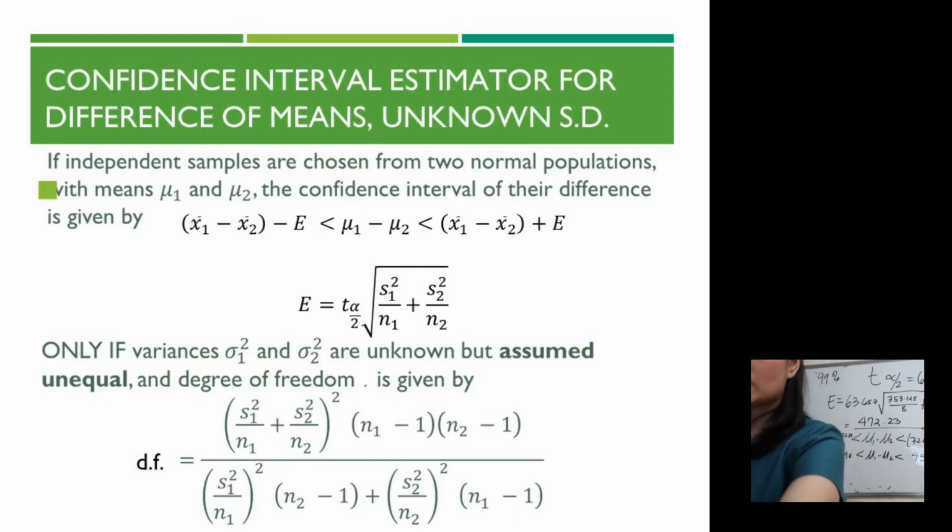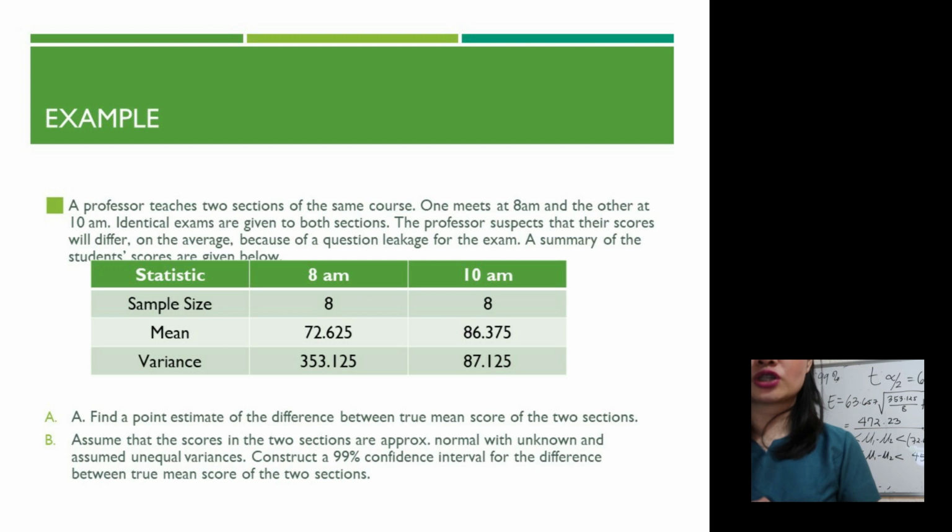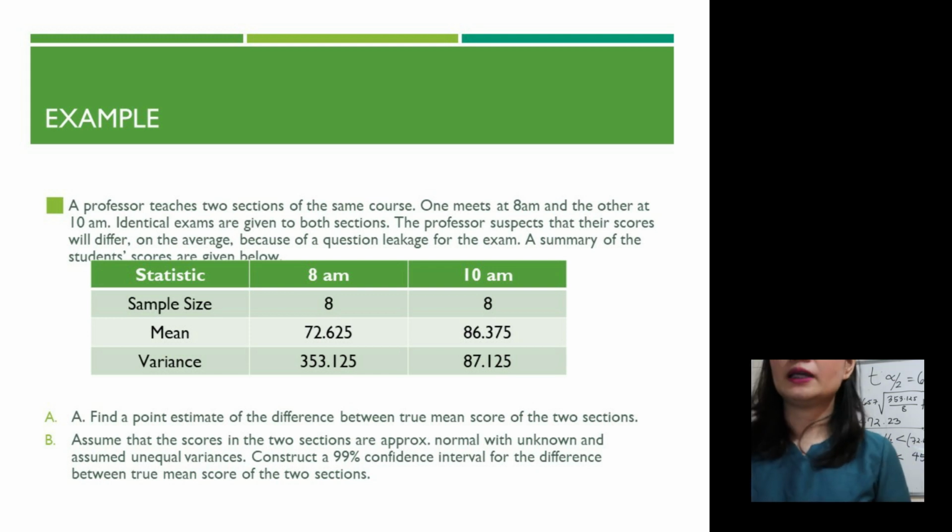We're using this kind of formula. Take note, only if variances are unknown but assumed unequal. So in this particular example, assume that the scores in two sections are approximately normal with unknown and assumed unequal variances. So we will be using that kind of formula.